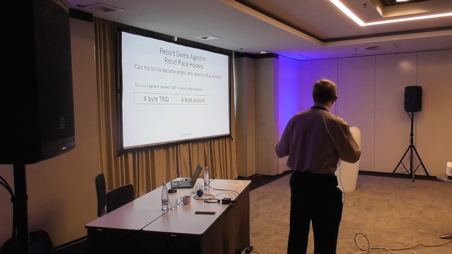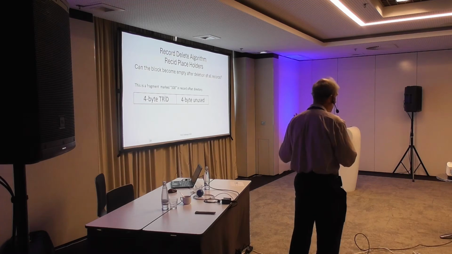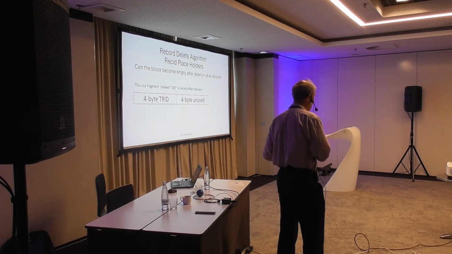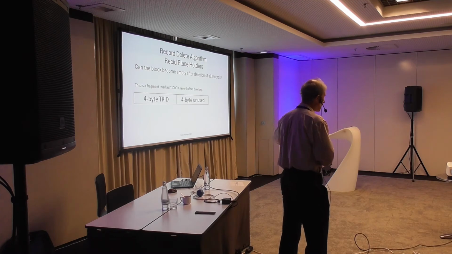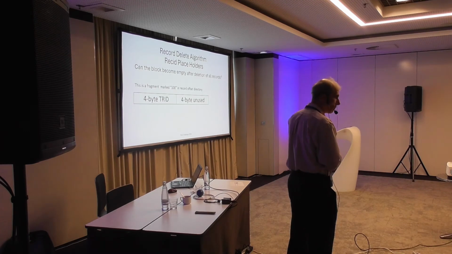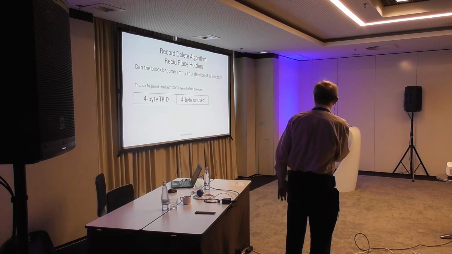However, the other space could be used. So Progress reserves 8 bytes, but only 4 bytes are used for the transaction ID. Why does Progress reserve 8 bytes? Because it needs to have a pointer at least for the next block where it will put the rest of the record. So at least 8 bytes are reserved for the placeholder.